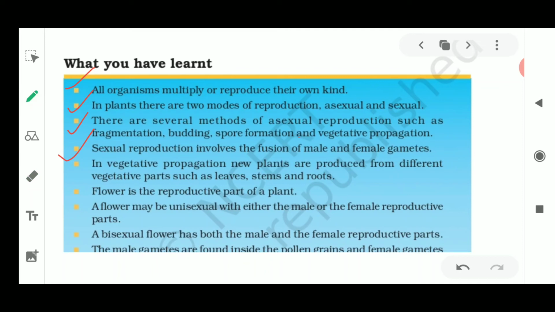Next point says, in the vegetative propagation, new plants are produced from different vegetative parts such as leaves, stems and roots. Now why is this vegetative propagation taking place from these parts? Because they are known as the vegetative parts. That is why propagation, an increase in number, is taking place from these parts.